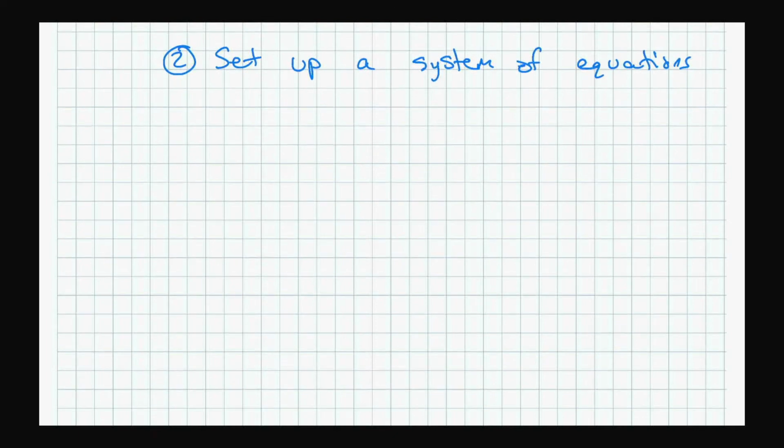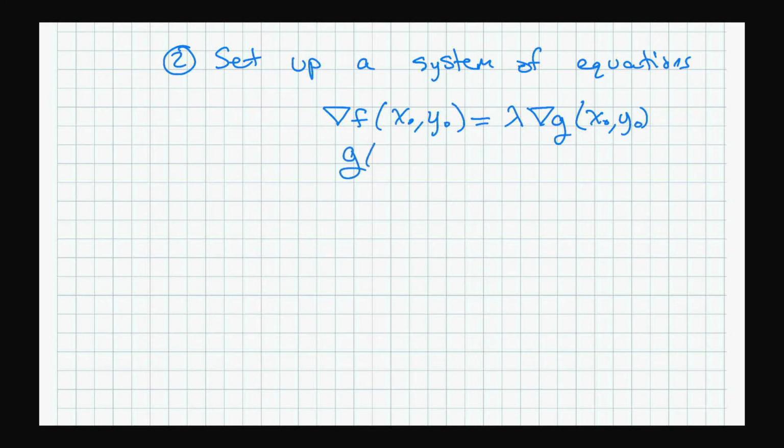Your system of equations is going to be the gradient of f at x0, y0 equals lambda times the gradient of g at x0, y0. And then the other equation is g of x0, y0 has to be 0. I have some comments to make about that, but I will just continue and then come back to this.